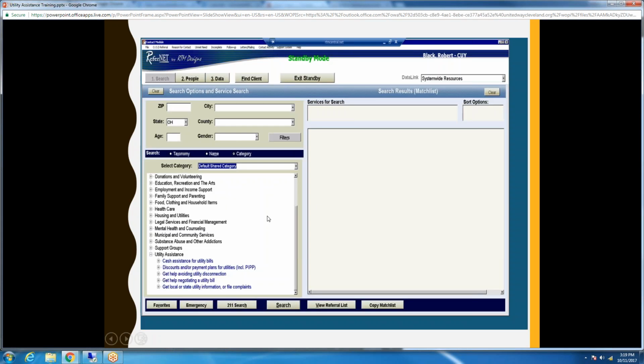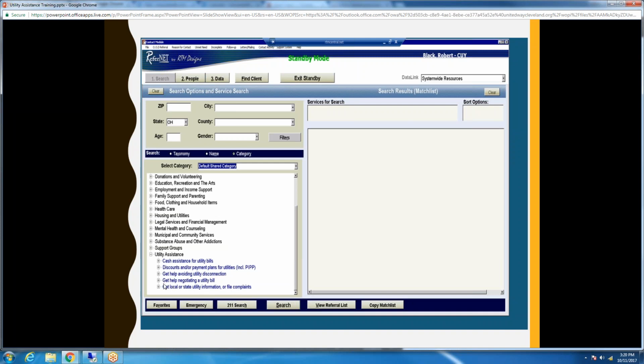So in Refer, in the category, you will see utility assistance down at the bottom, and then you see cash assistance, discounts and/or payment plans for utilities, including PIP, and get help avoiding utility disconnection. You also notice there's get help with negotiating utility bill and get local or state utility information or file complaints.